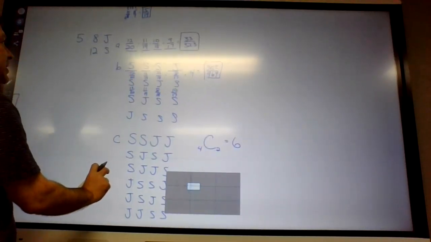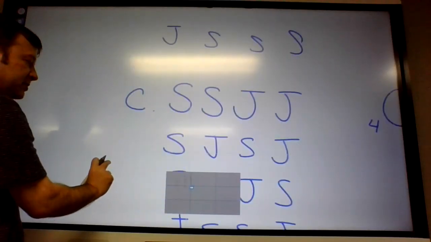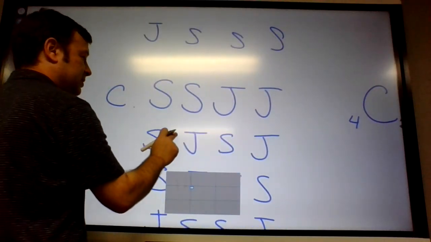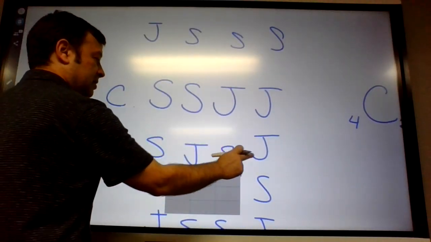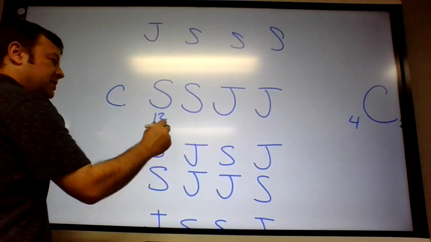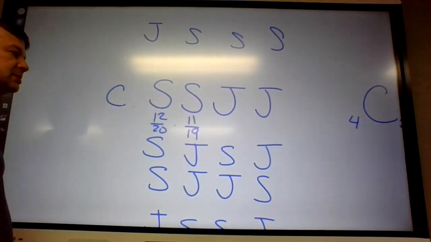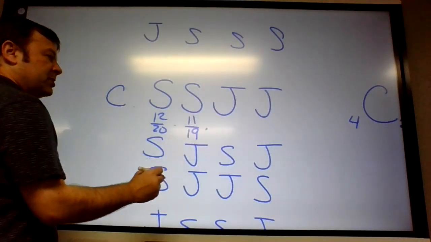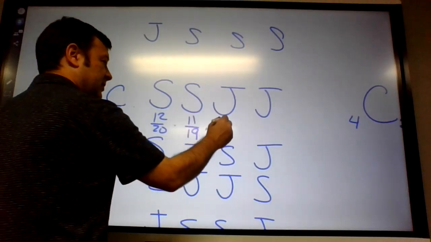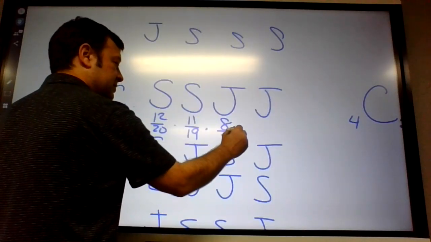Okay, I kind of forgot. The odds of being a senior are 12 and 20 on the first pick. The second one being a senior is 11 and 19. Okay, you guys remember how many juniors there were? 8, but now there's only 17 or 18 students.